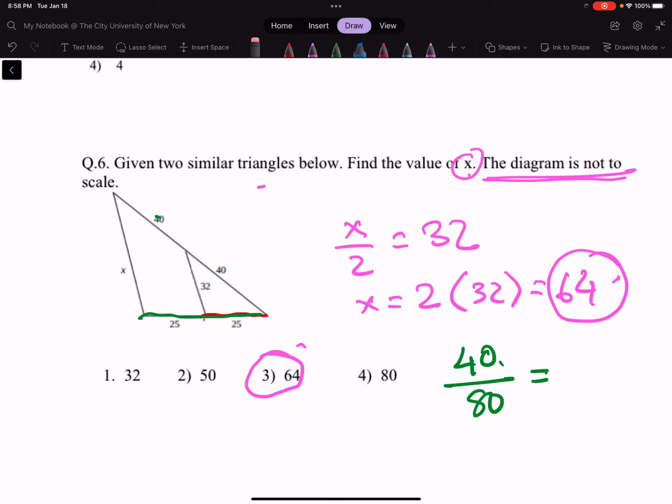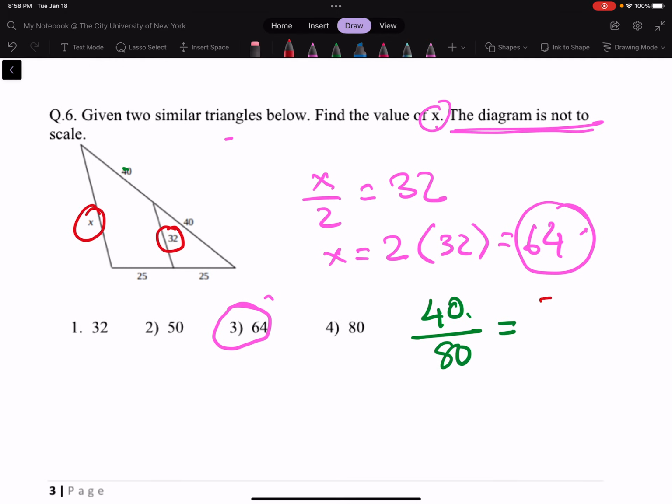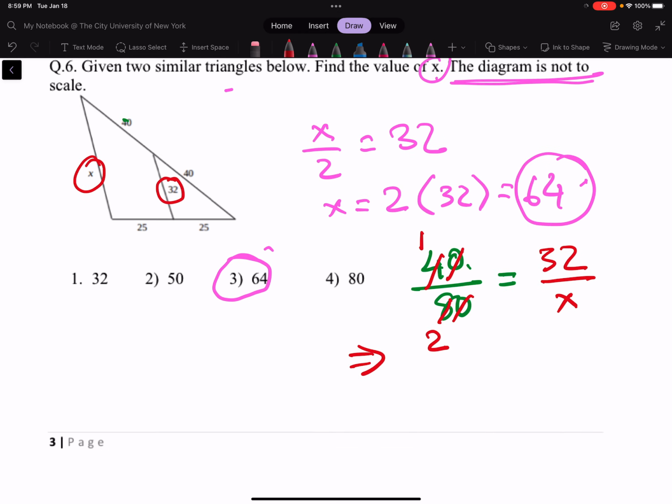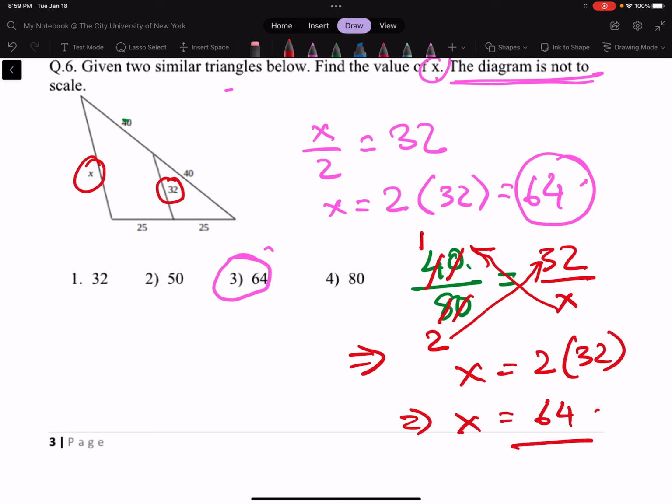Or since our job is to get x, we find congruency between this 32 over x. So you say 32 over x. So you can simplify it like 1 over 2, or let me first do it in the simplified way. So cross multiplication x, and this guy goes here, 2 with 32, so x equals 64. This way you can think.